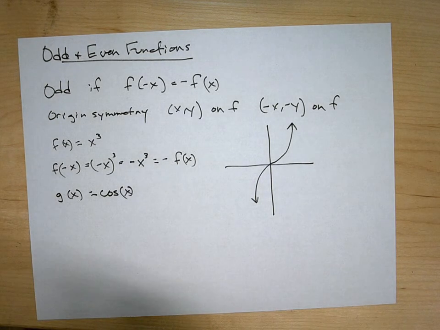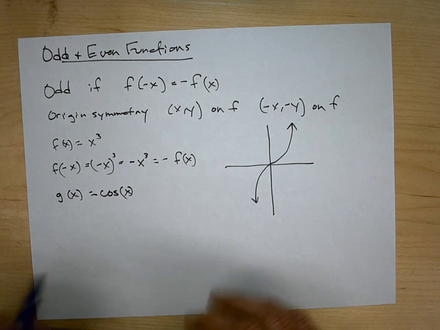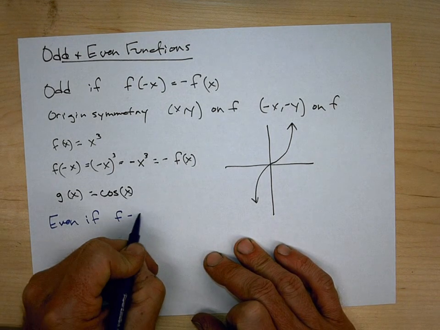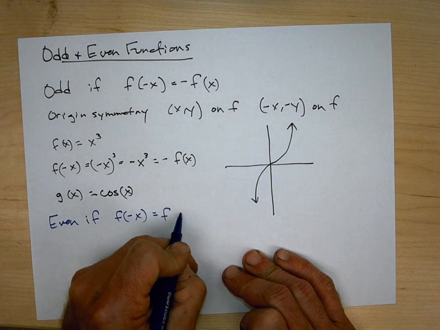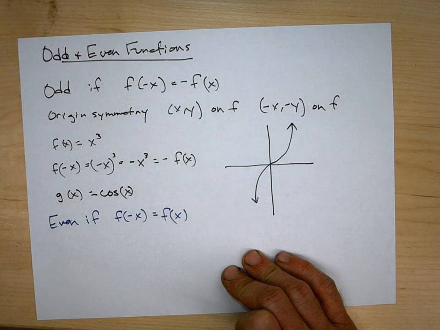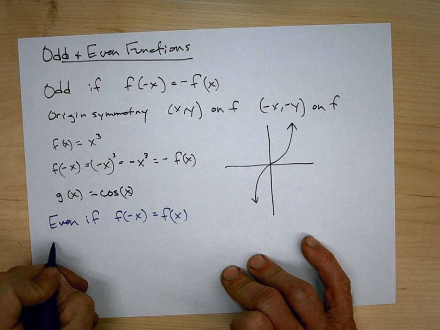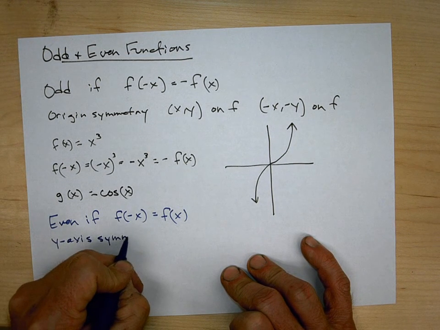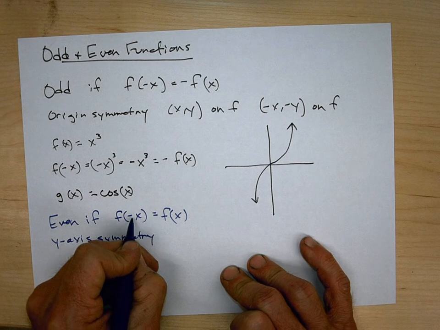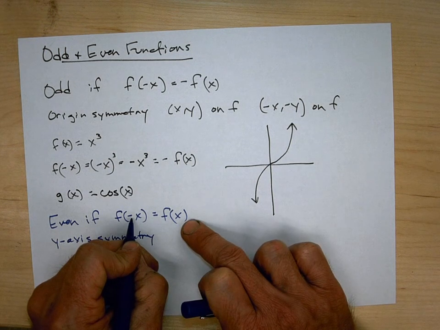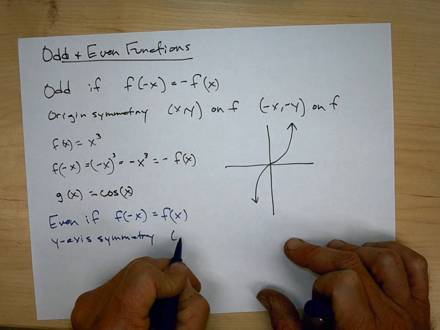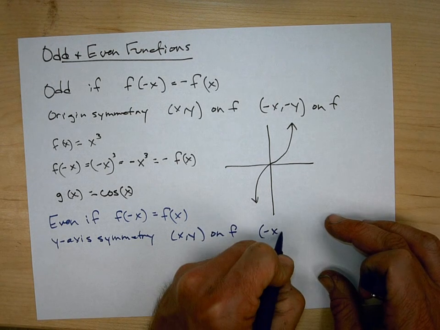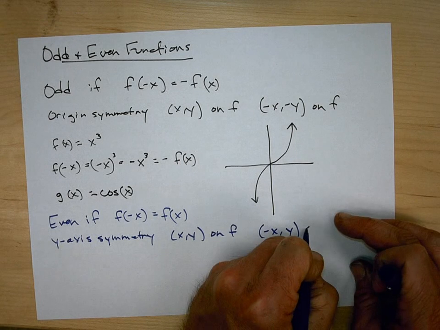In terms of the even functions, we say a function is even if f of negative x equals f of x. All right, so this is y-axis symmetry. Because what we're saying is if we put in negative x, we get out the same y value. So in other words, if xy is on f, then negative x, y is also on f.